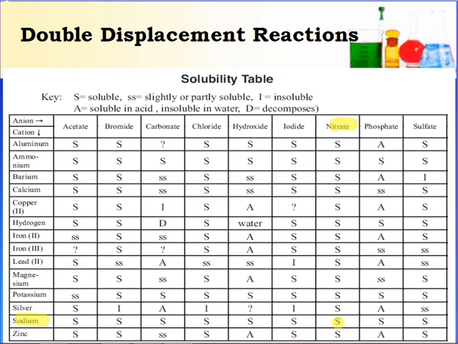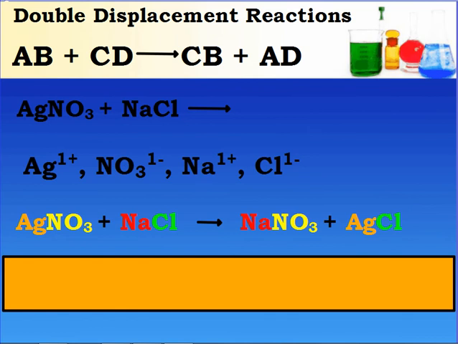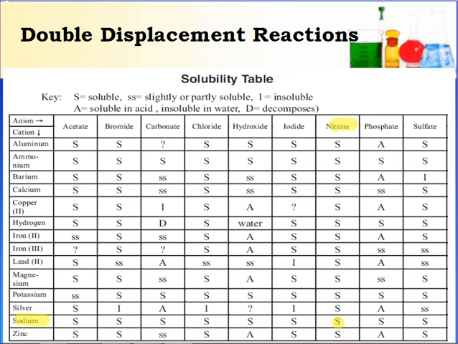Well, let's go back. What was our other compound? Oh, silver chloride. Okay? Do you think silver chloride is going to form a precipitate? Let's find out. We're going to use our handy dandy table. I'm going to change this to green. I'm going to find silver. Oh, there's silver right there. And chloride. And I'm going to come down the table.